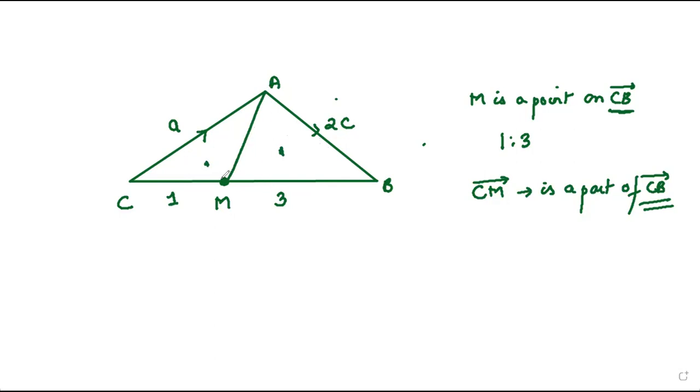What they do is just try to make triangles, but we choose only those triangles for which at least two sides are known. Then only you can calculate the third side. If one side is known, two sides are unknown, how can you calculate the third side? It's not possible at all. So for that, we first have to calculate this bigger side C to B, because the only triangle for which two sides are known is triangle ABC.